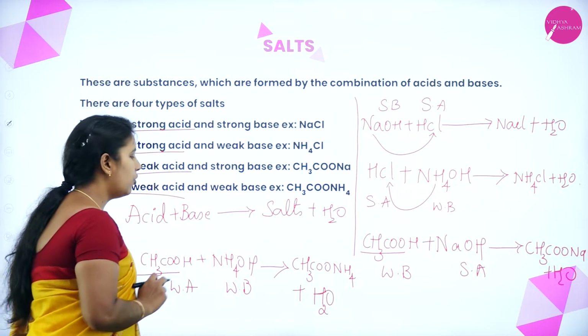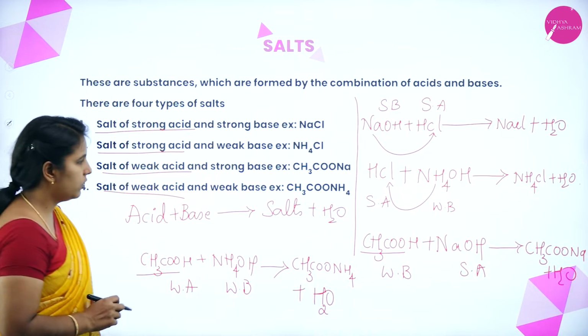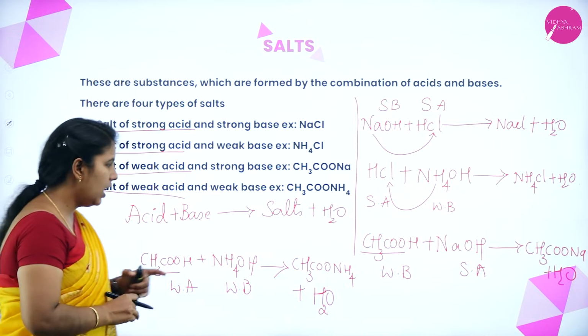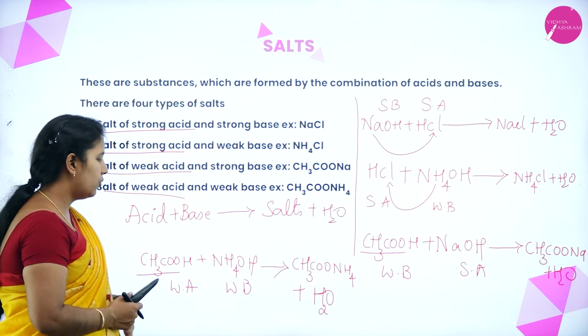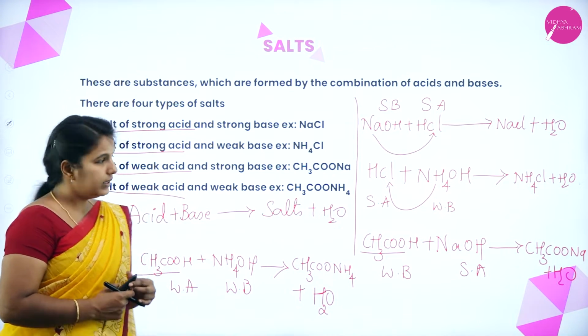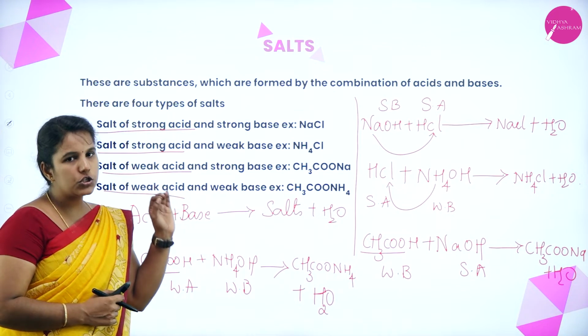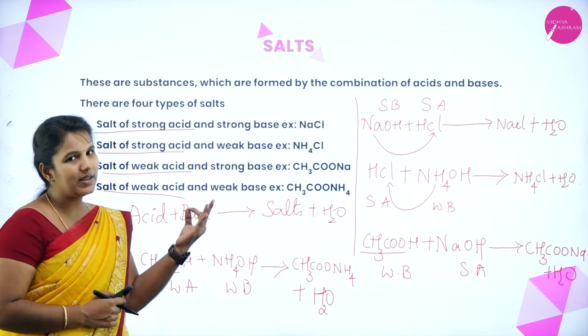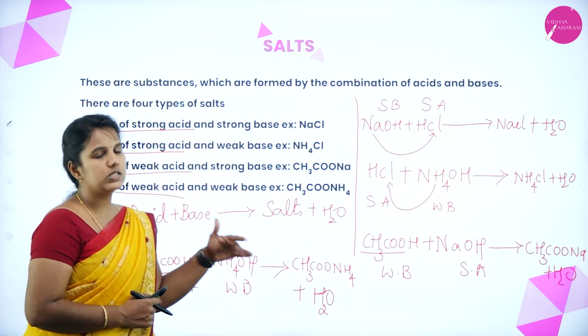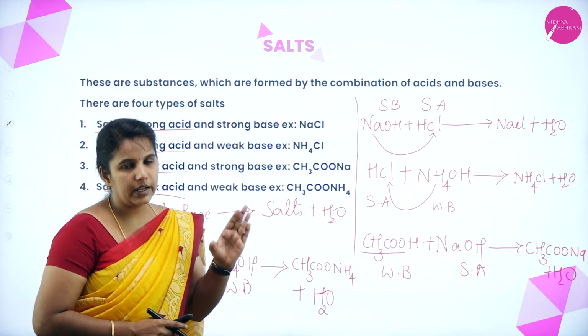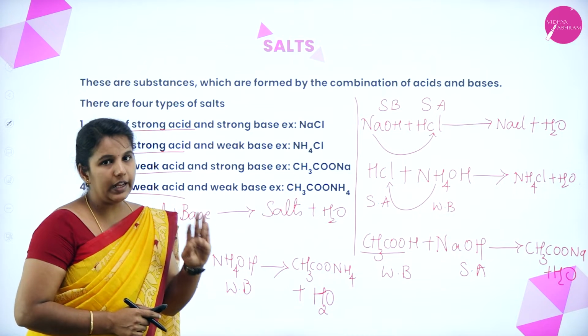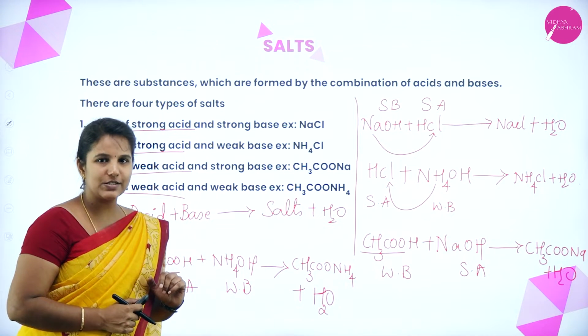So it is ammonium acetate. That is sodium acetate, and this is ammonium acetate, plus water molecules will be formed. This is how the combinations of strong acid with strong base, strong acid with weak base, weak acid with strong base, and weak acid with weak base can be obtained, and there are only 4 combinations of salts.